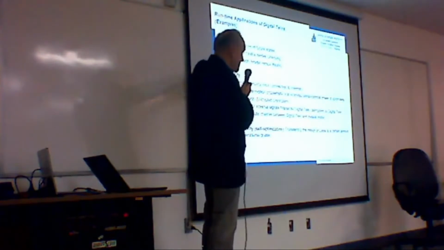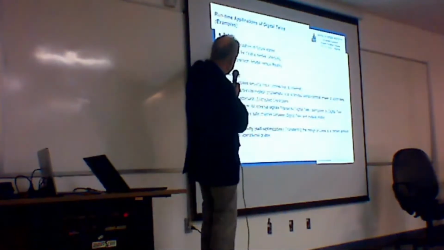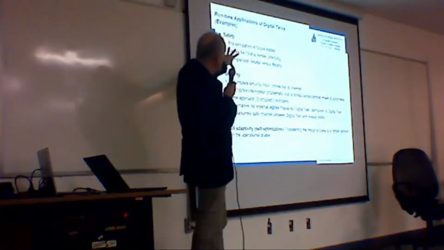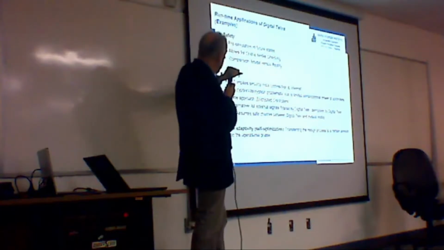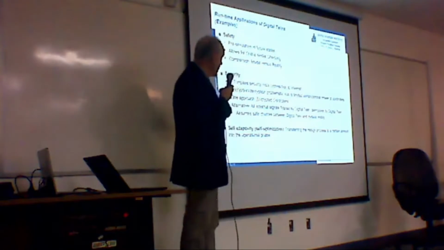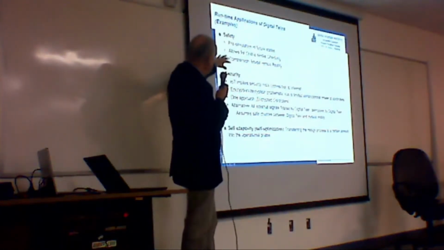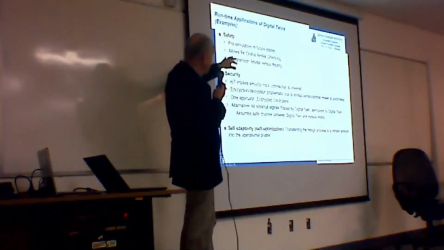Just to mention three application areas. One is safety. They allow us to pre-simulate future states. They allow us online model checking, I will explain what this means. And we can always compare the model versus reality.